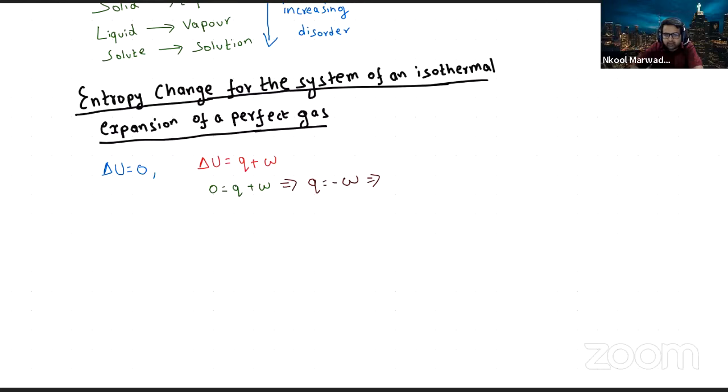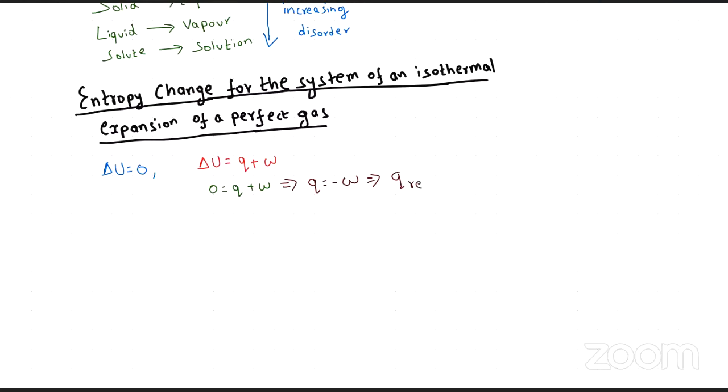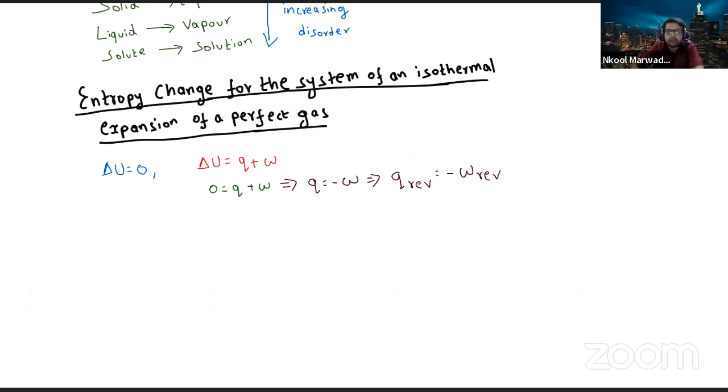I can write Q rev is equal to minus W rev. This is clear. And here an ideal gas is involved, and for an ideal gas we already know the work done. We have proved it earlier.